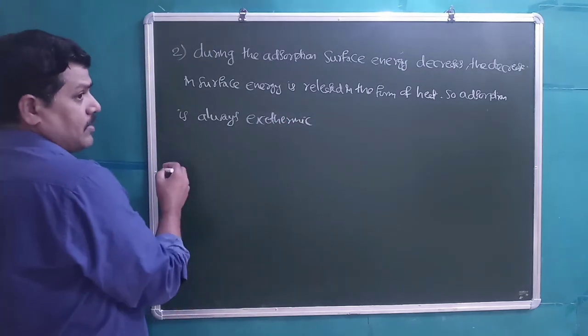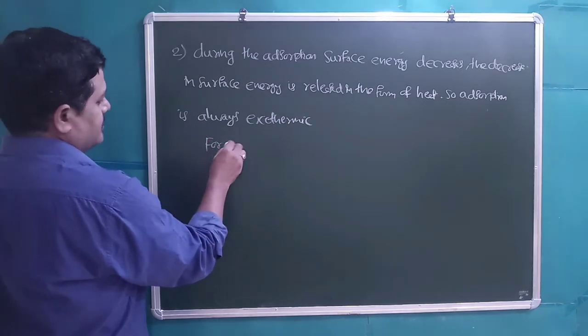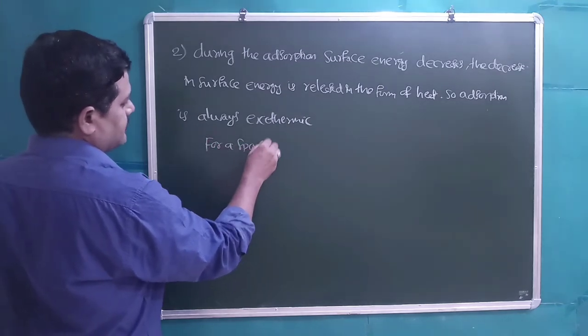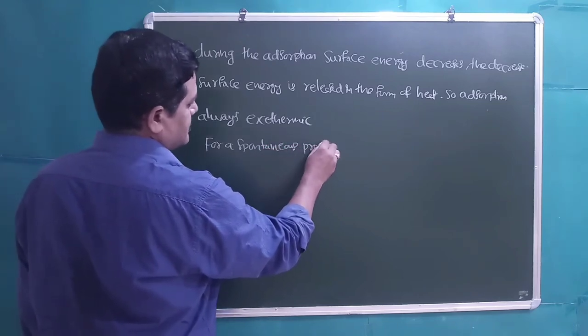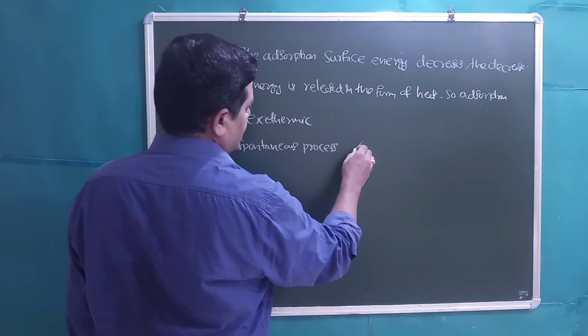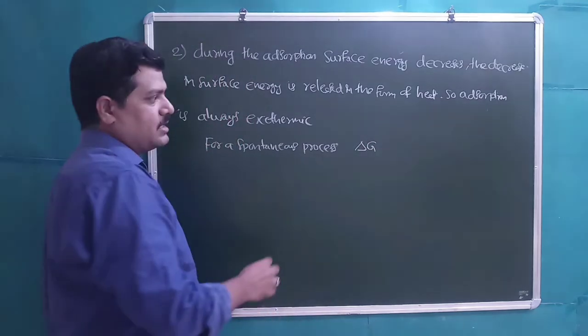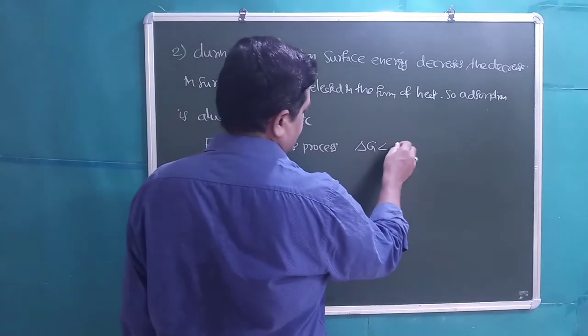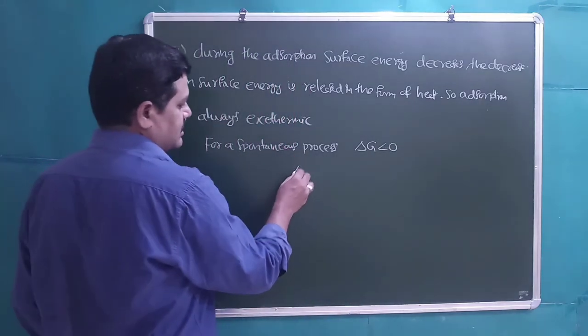Students, from the second law of thermodynamics, for a spontaneous process, the Gibbs free energy change, that is delta G, should be less than 0. Only then is the process spontaneous.